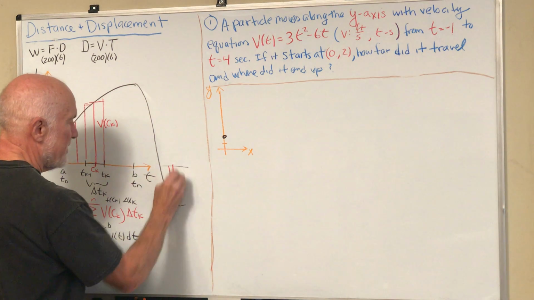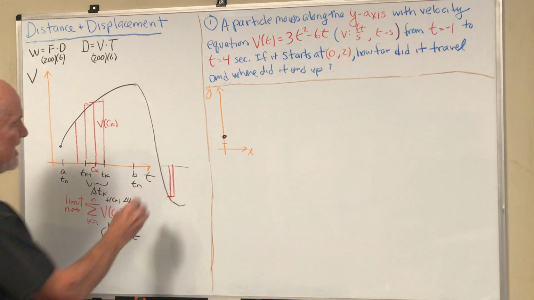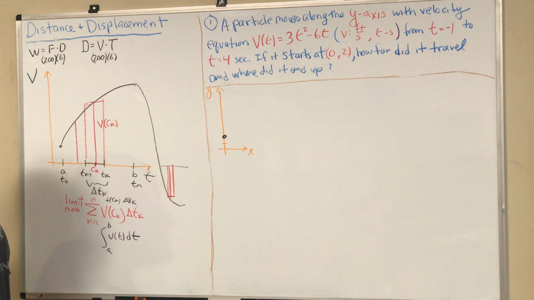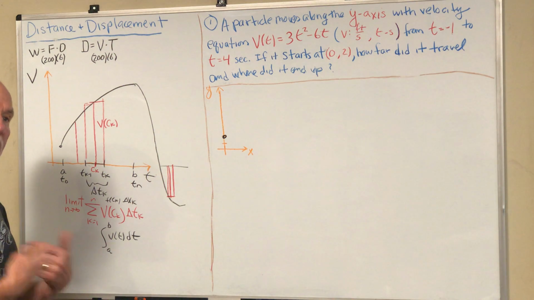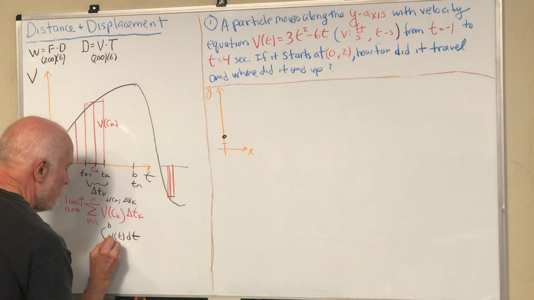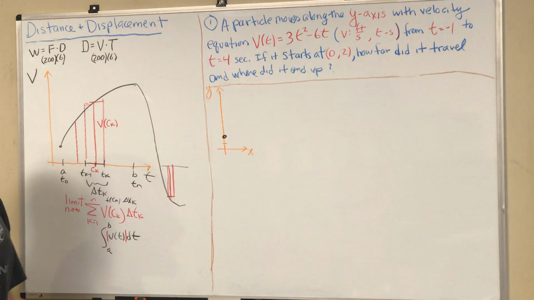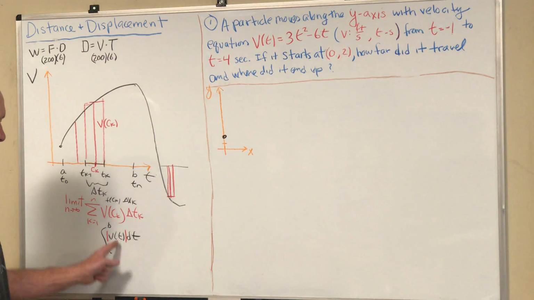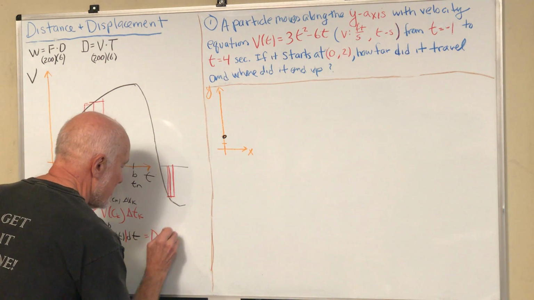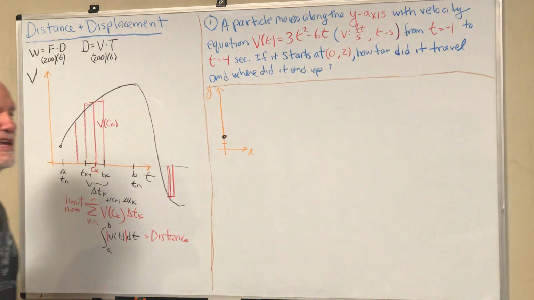If you add up v of c sub k times delta t sub k, you're going to get a negative contribution. And you don't want that. You want it to be positive. So what we do to avoid that is if the velocity is negative, just make it positive. So we make an absolute value on there. Now this finds what we're trying to find. The distance traveled from time t equals a to t equals b.